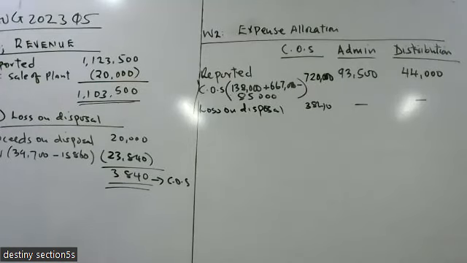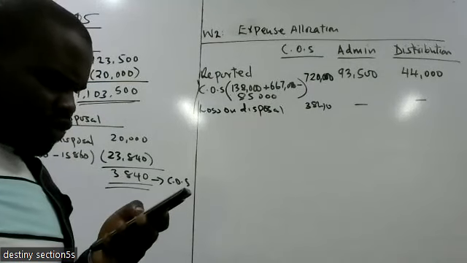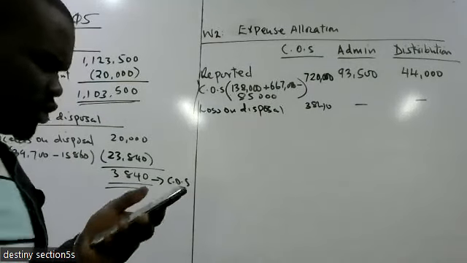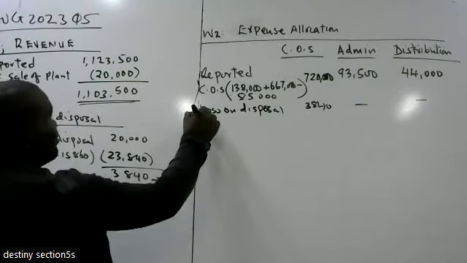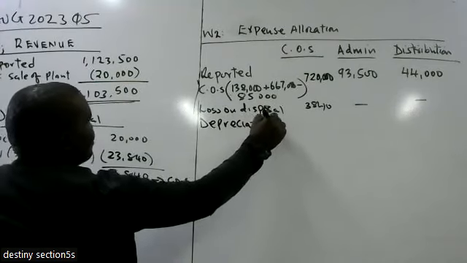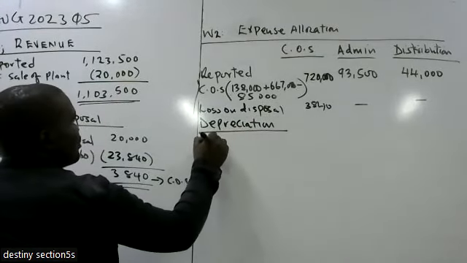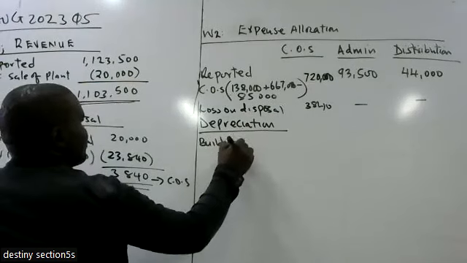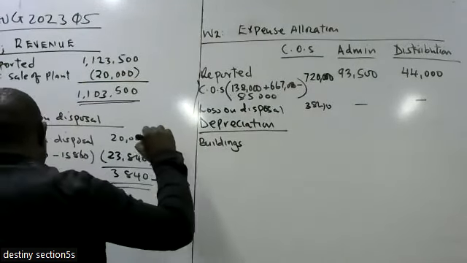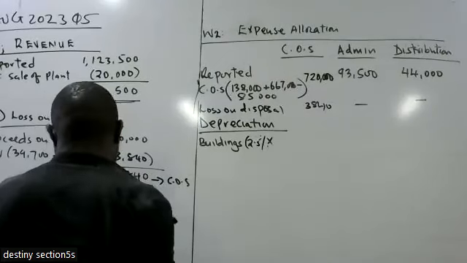So let's go to additional information number 2. Depreciation on PPE is to be provided and allocated as follows. So write for me here, depreciation. 1, buildings, 2.5% on straight line.